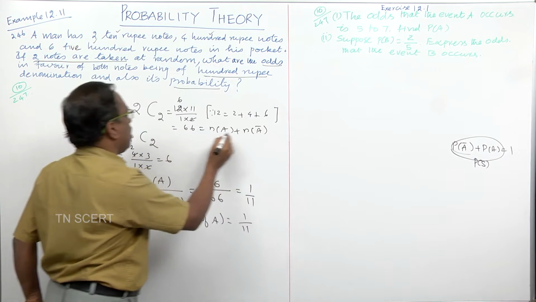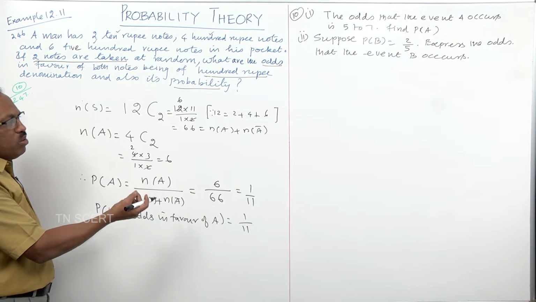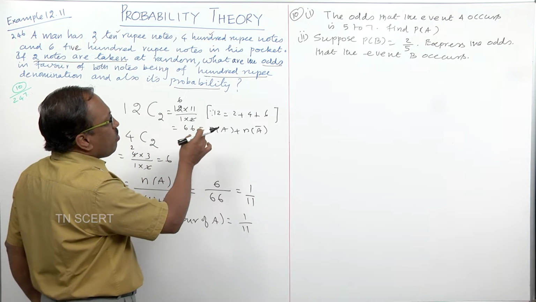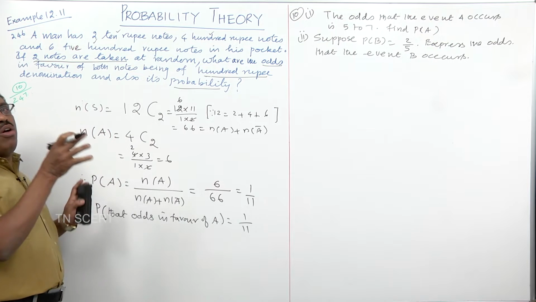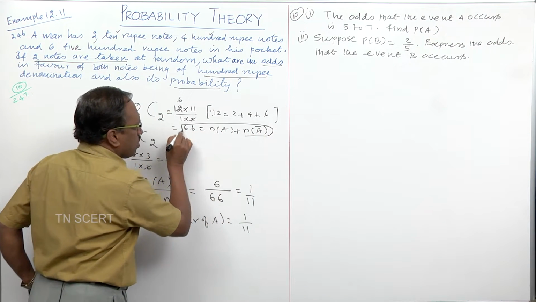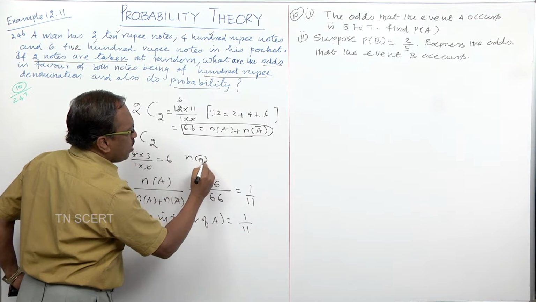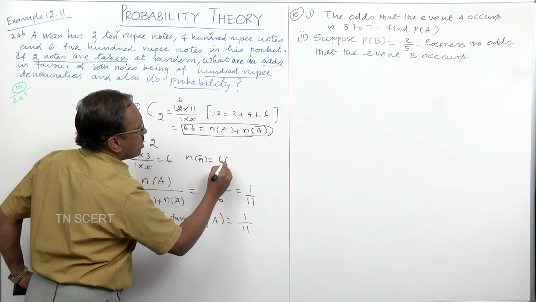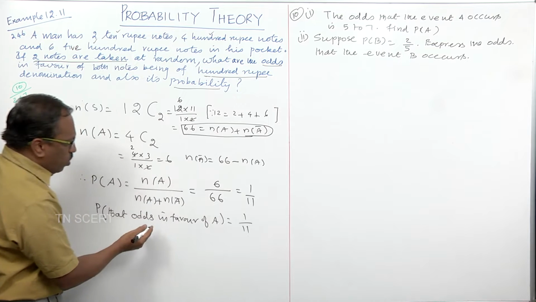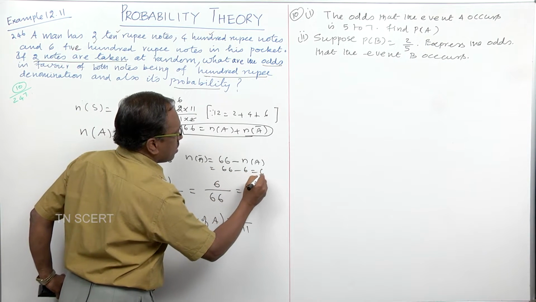In continuation, one more thing we have to do: the probability against A, that is n of A bar, is the concept we have to take into account. N of A bar is 66 minus n of A. We found n of A from the result, so 66 minus 6, which is 60.